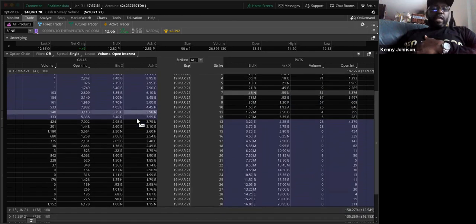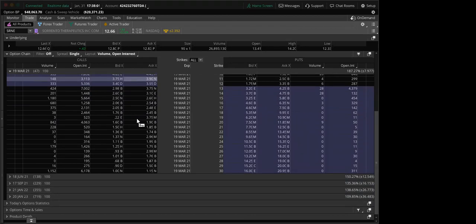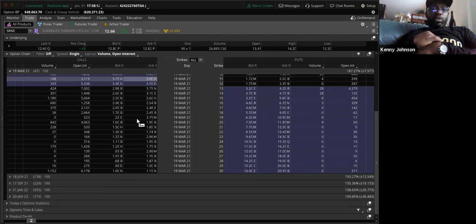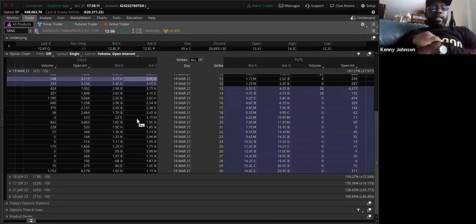So if they have something in the works, Moderna, then a March expiration could come off. Now that's hoping they come out with some news this month of February. So you will be playing it for the news.